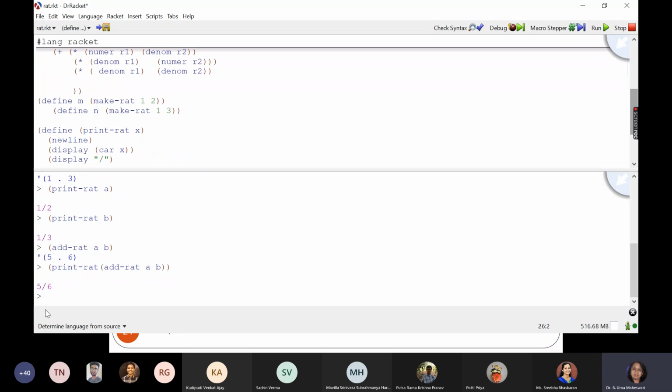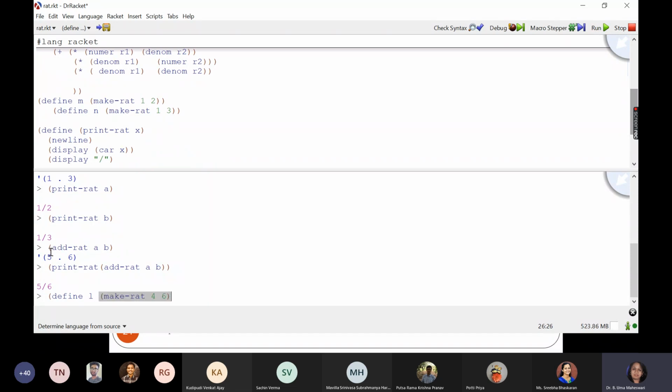So how to define it? I say L. L is one rational number, and define L. In order to construct a rational number, I have to call the procedure make-rat. In the make-rat, I have to pass some data, 4, consider it as 6.